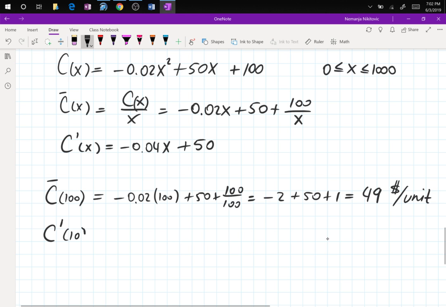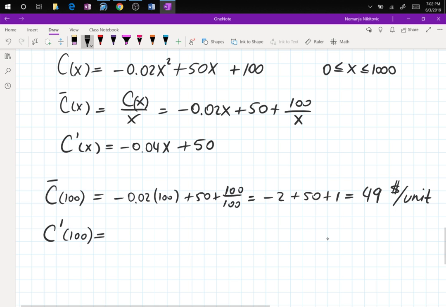Okay, so the first calculation was the average cost for the first 100 units. Now I want to see what is the cost of producing the 100th unit. Remember, single unit number 100. On the conveyor belt, there was a first unit, and then the second, and then the third.